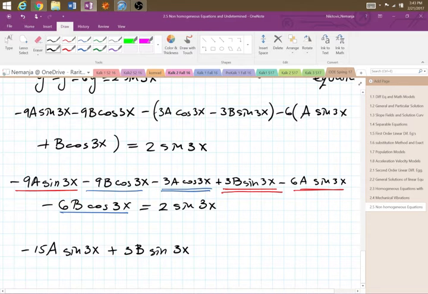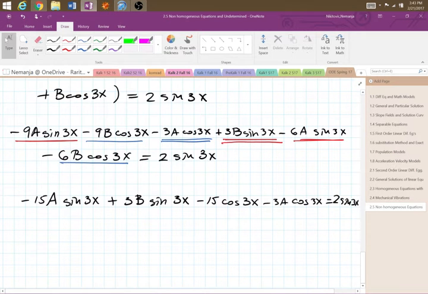Now we put the blue together. We get negative 15b cosine 3x minus 3a cosine 3x, and all of that is equal to 2 sine 3x. So now we factor out sine 3x.